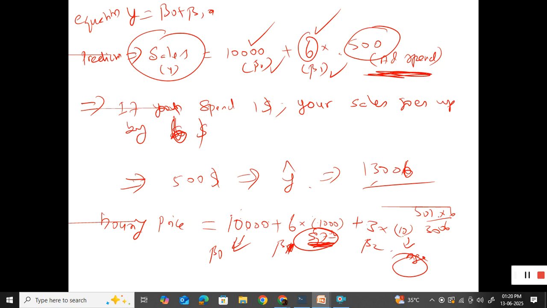Yes, Priya, the slope need not be the same for each independent variable. That's a good question. For square feet, the slope value is 6, and for the age, the slope value is 3.